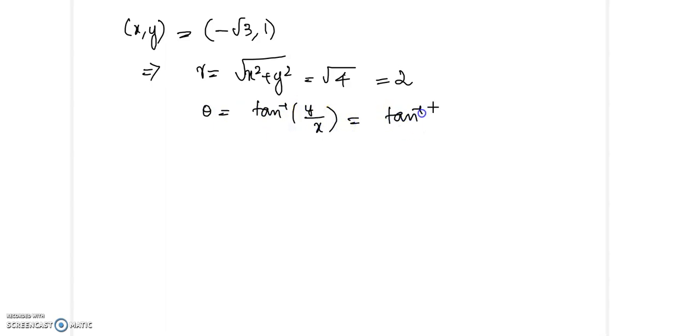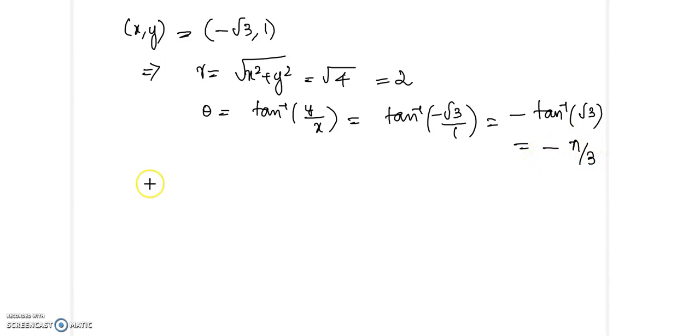So that will be tan inverse of minus root 3 by 1. So tan inverse of minus root 3 will be minus tan inverse of root 3, which is equal to minus pi by 3. So r, theta is equal to 2, minus pi by 3.